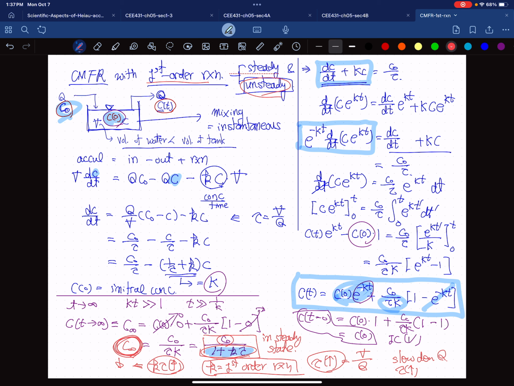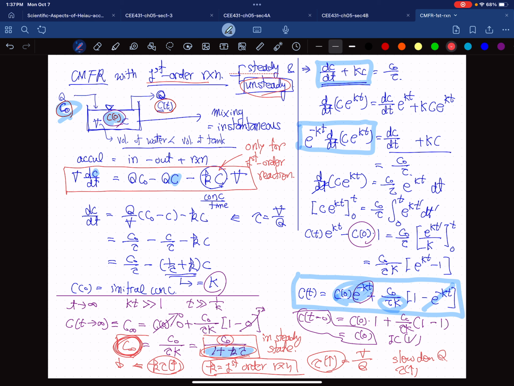Note that all of these derivations came out of this governing equation, and it is only for the first order reaction. You could put in the zeroth order, second order, or arbitrary, but if it is nonlinear, that is very hard to solve.